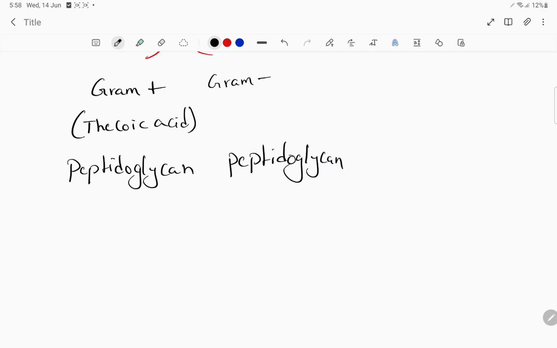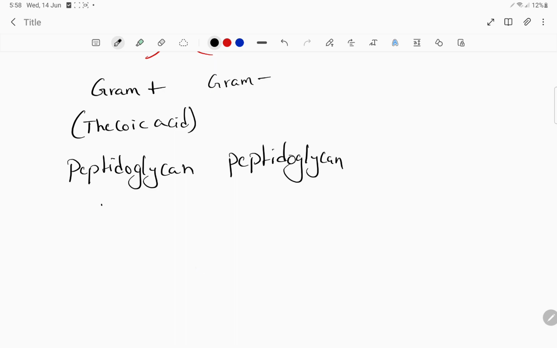But a very small layer of it is dissolved when alcohol is added. That is why the cell loses the initial color of primary stain. So the gram positive bacteria retain the crystal violet and thus stain violet.